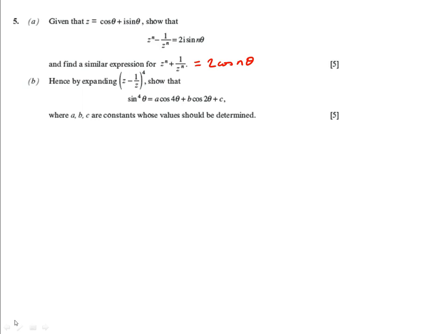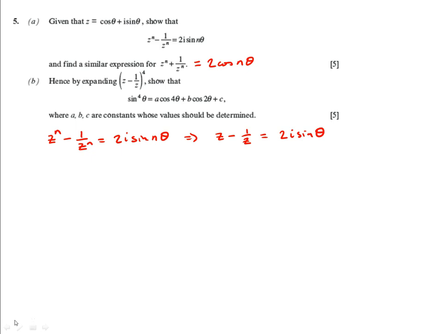Moving on to part B then, we have to expand z minus 1 over z to the power 4, to show that sin to the 4 theta can be written as a cos 4 theta plus b cos 2 theta plus c. Well, the first thing we've got to remember is that we know that z to the n minus 1 over z to the n is 2i sin n theta, if z is cos theta plus i sin theta.